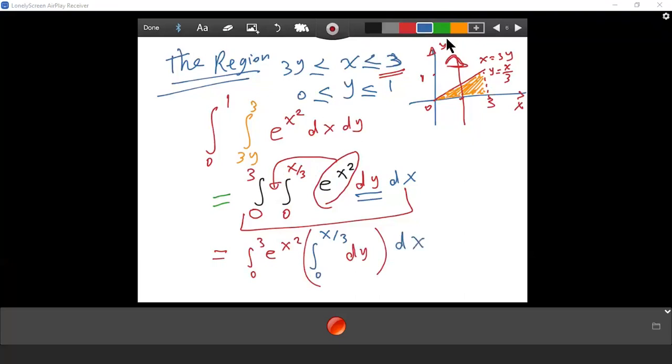What is the integration of dy? It is y, right? So we have from 0 to 3 e to the x squared from the beginning, and you integrate dy from 0 to x over 3, and when you finish, you integrate with respect to x. Now this is the integration from 0 to 3 of e to the x squared times x over 3 minus the lower bound, minus 0, dx.